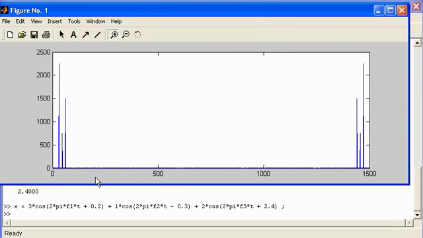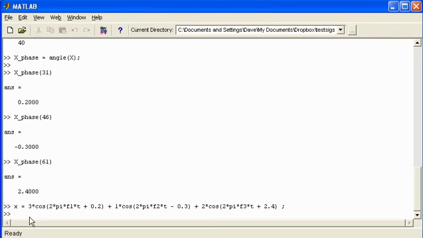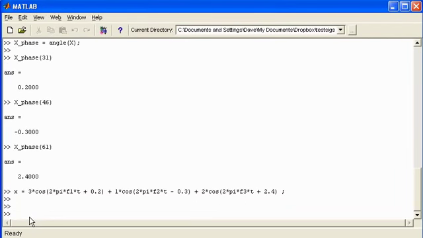Now I could get the absolute values of these, but it's not really that important. I'll show you how to do it, but I wouldn't be overly worried about it. If I wanted to get the absolute values of those signals, I could divide by half the FFT length, which in this case is 750.